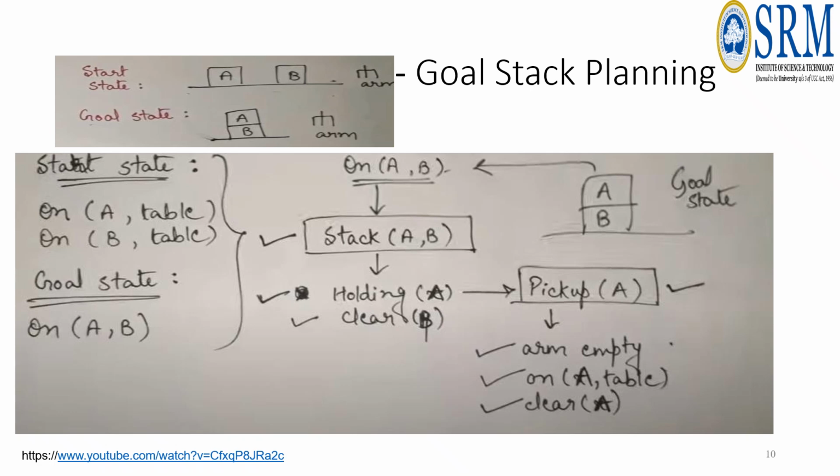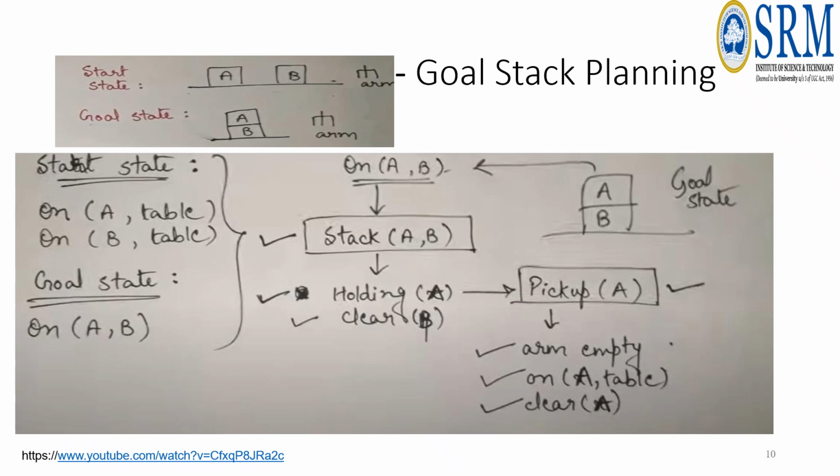So how do we use the STRIPS problem? With the start state, we have on of A comma table, on of B comma table. On the right-hand side we use stack of A comma B, with holding A, clear B.